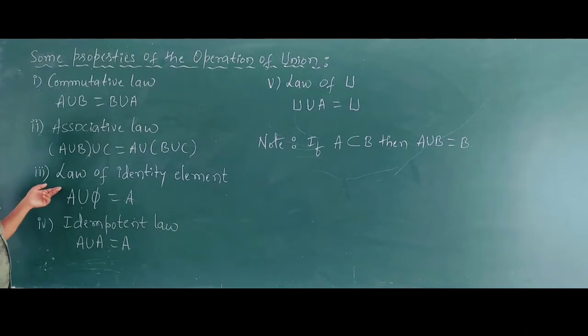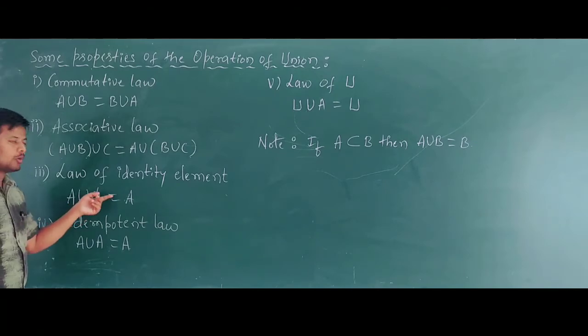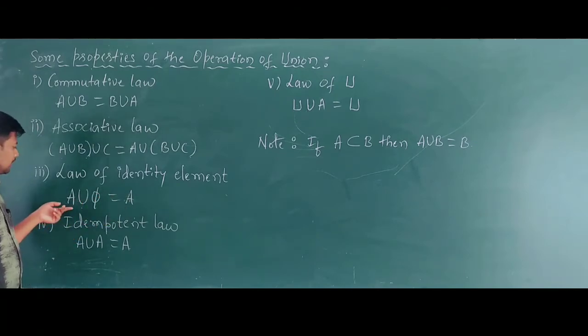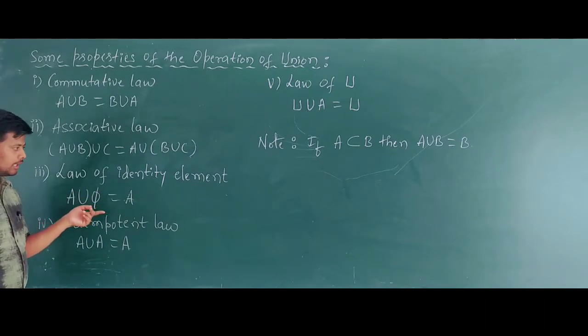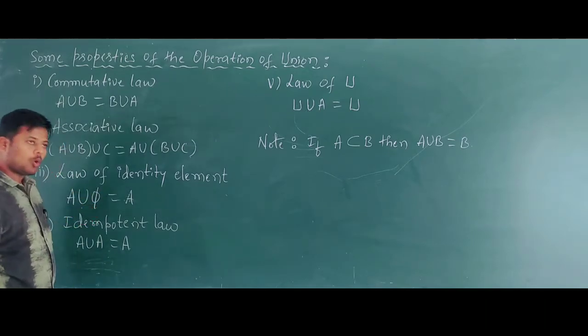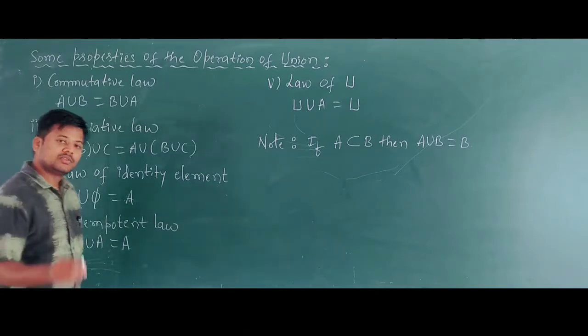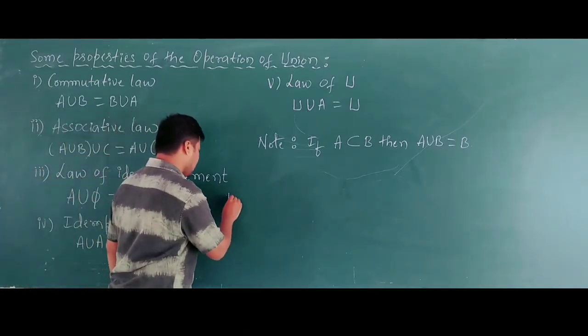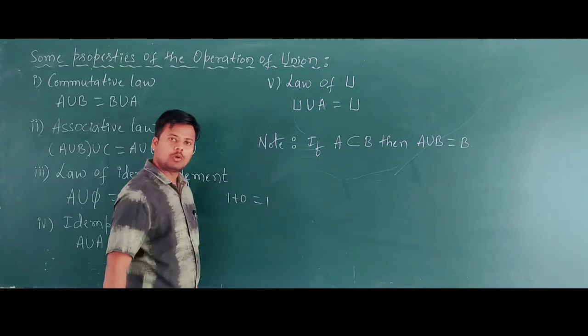Third one, law of identity. A union empty set equals A. Already we know that. In addition, what is the identity element? 0 is the identity element. 1 plus 0 equals what? 1 only.